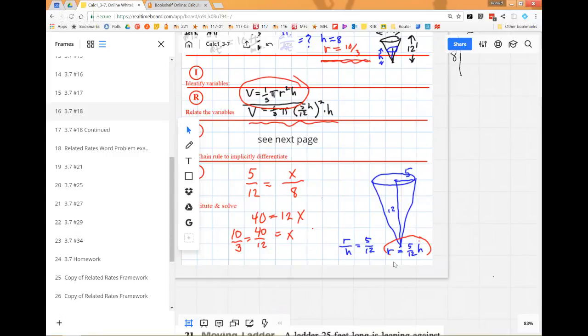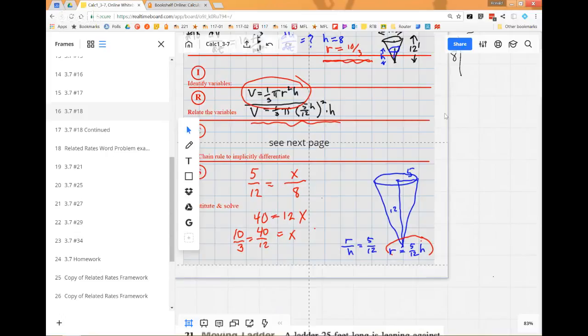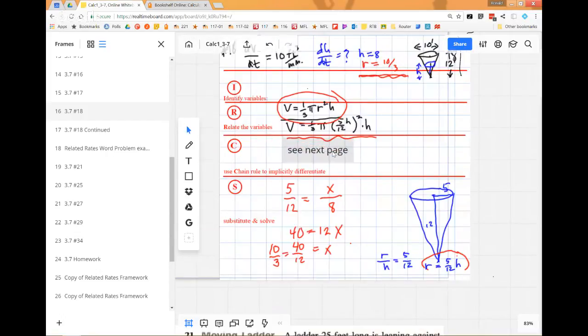So the radius is 5/12 of the height. Okay, so that little identity, r equals 5/12 h, I made use of in the equation up here. And I said, okay, in place of r squared, let's put its h name in, 5/12 h squared.